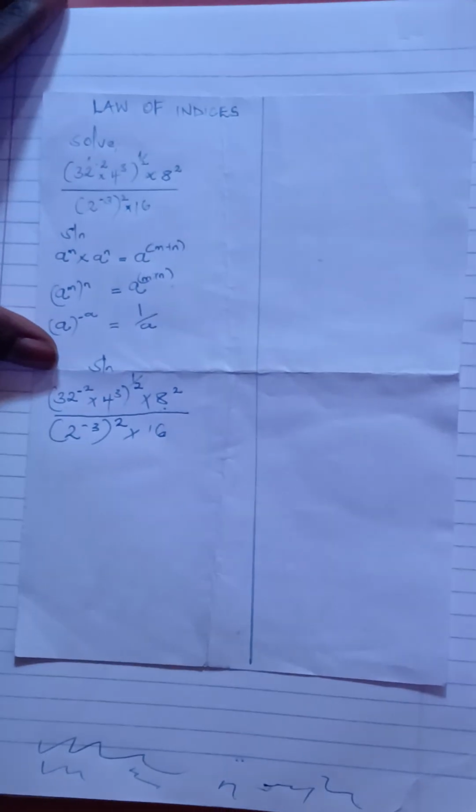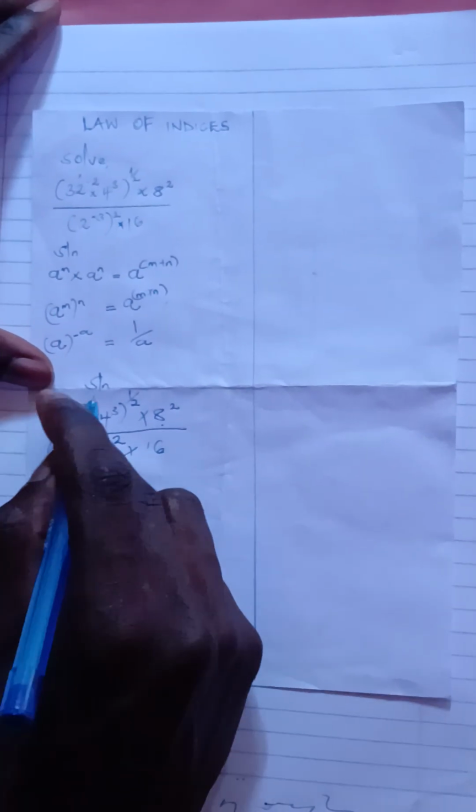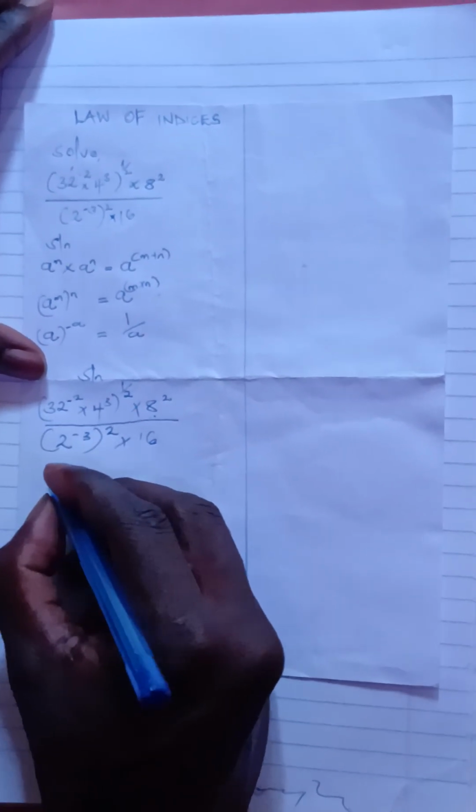So let's check out. So 32 is the same as 2 raised to 5.